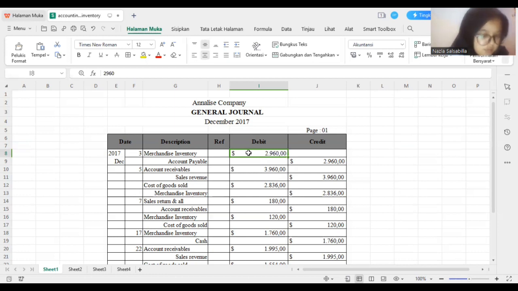We got it from 4,000 units times 0.74. And on the credit side, we have account payable with the same amount, $2,960.